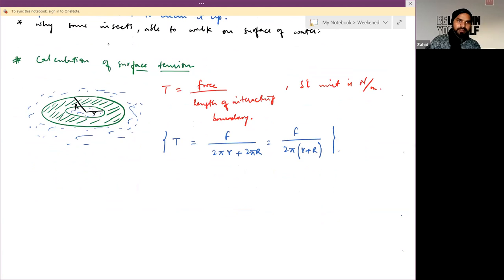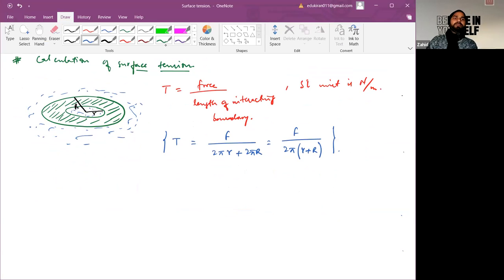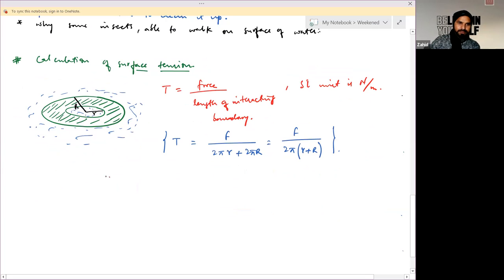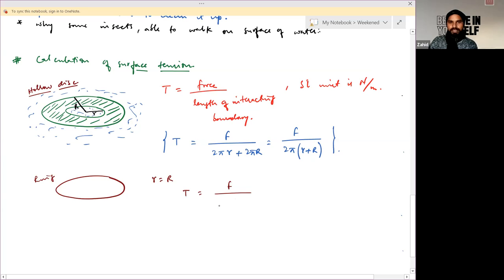Now, if you shrink or decrease the width of this disk, it will be like this, or form a ring. This is a hollow disk. Now, this is a ring in which small r equals capital R. So surface tension equals force divided by r plus r, so it will be F by 4 pi r.